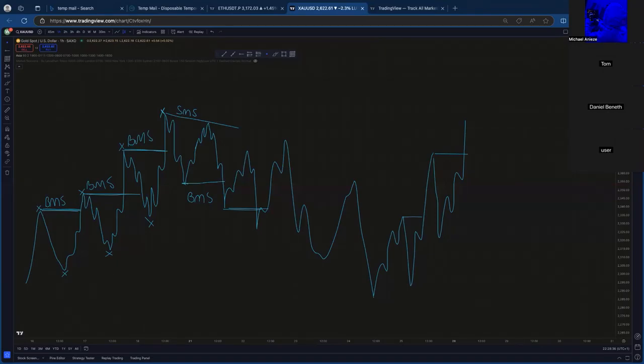What I want to say is that I've actually seen this play out so many times on the chart. When price is in an uptrend approaching a key level, before it gets to the key level, it has expanded.